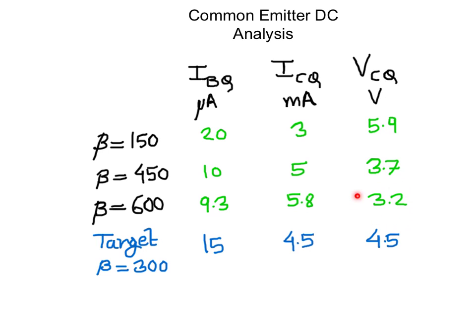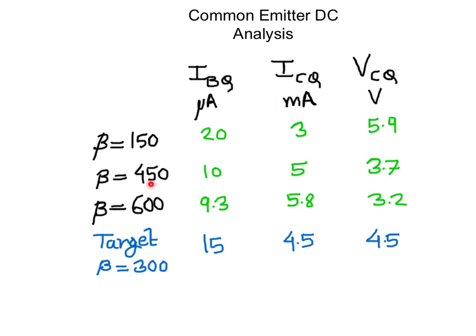This means that with the common emitter amplifier with shunt voltage feedback, when beta equals 600 in the worst case, the output voltage having a value of 3.2 means that the base collector junction is still reverse biased, and therefore the transistor is still operating in the forward active region and functioning as an amplifier.